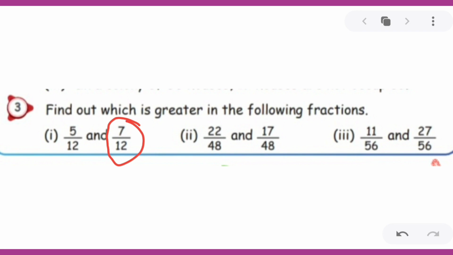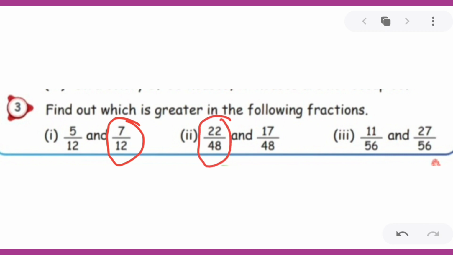Next one, 22 divided by 48 and 17 divided by 48. The denominator values are the same. See the numerator values, which one is the biggest? 22 is the biggest value. So the greater value is 22 divided by 48.